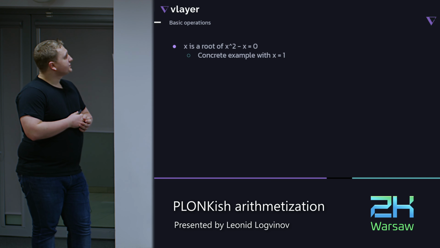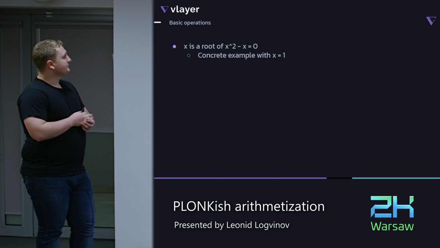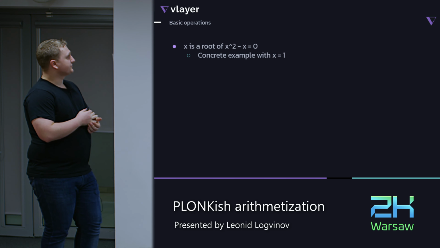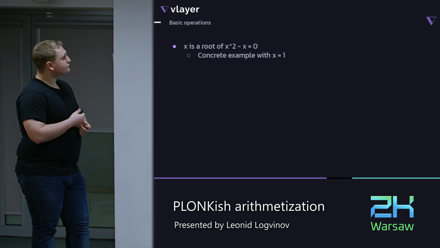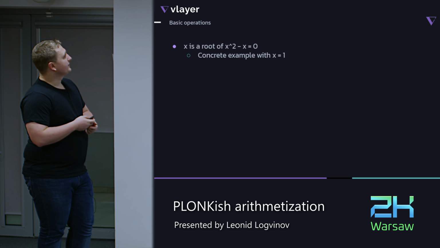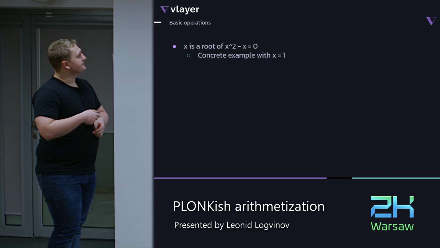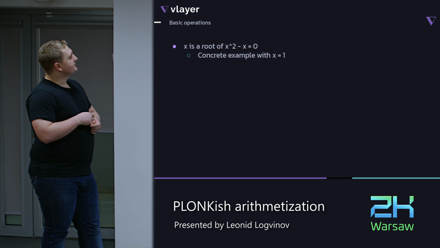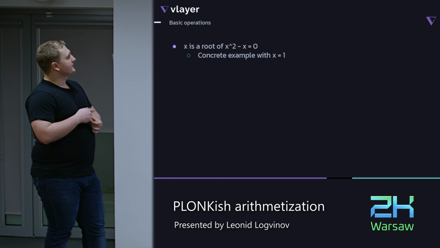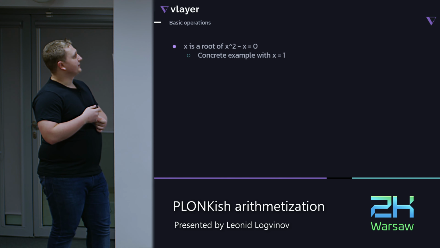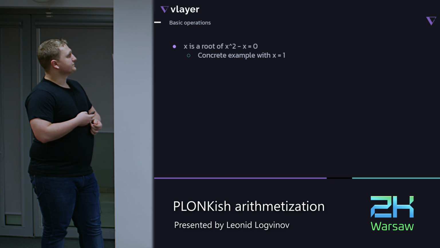So now we will check that x is a root of this polynomial, and we will see the concrete example with x equals 1. We can, again, compute it 2 ways, either a naive way of computing this and then computing the minus, or we can see that this polynomial is x multiplied by x minus 1. So it has roots of 0 and 1.